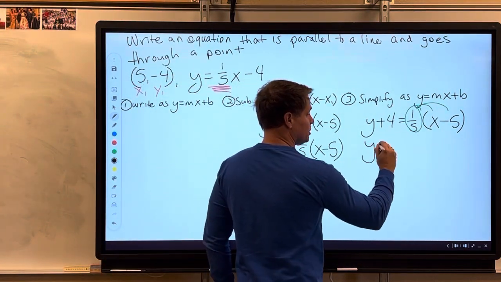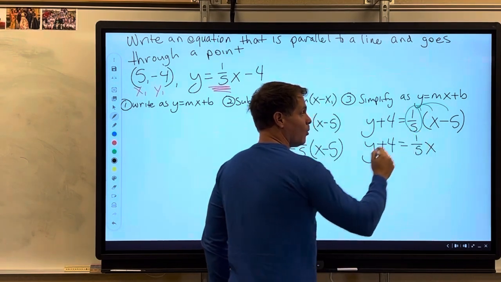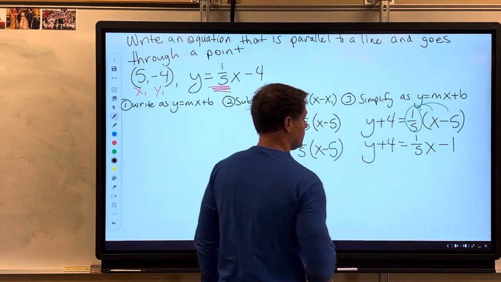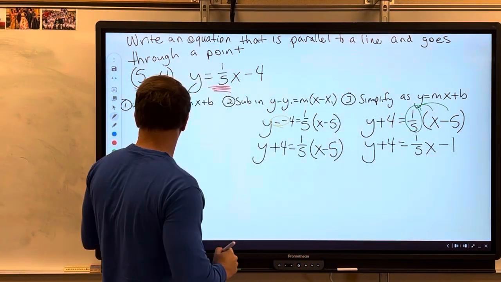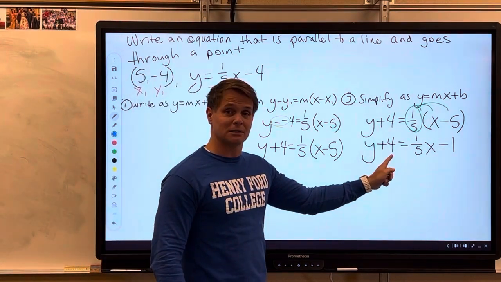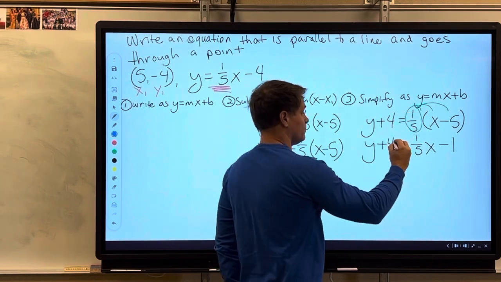So I got y plus 4 equals 1/5 x. 1/5 times negative 5 is negative 1.